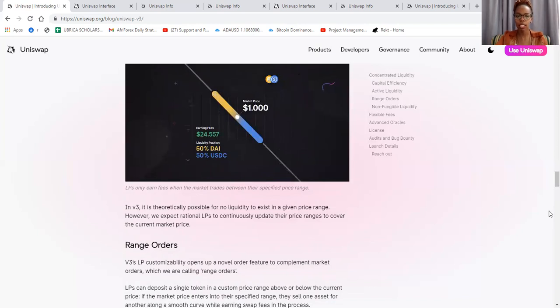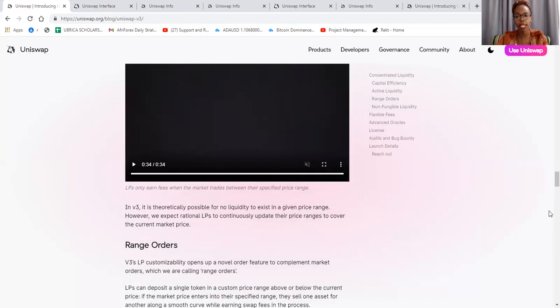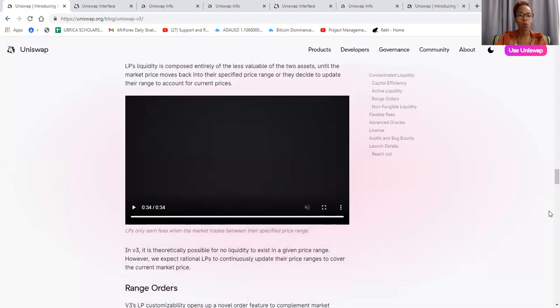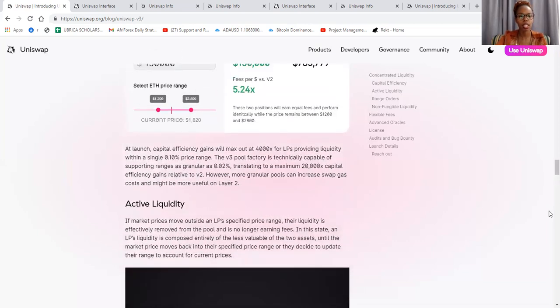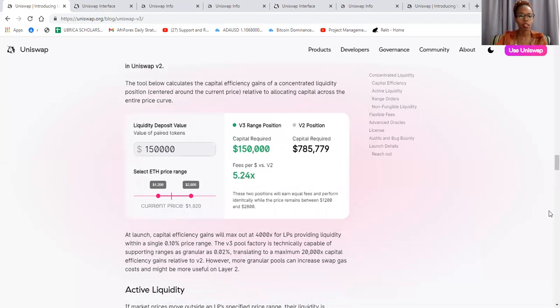So for UBN, instead of getting 0.3%, we will be getting 1% of the transaction fees that are being charged. So for every transaction, the liquidity provider will now be getting 1% of the fees instead of 0.3% that was in V2.